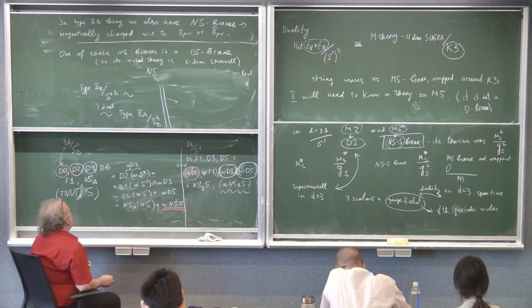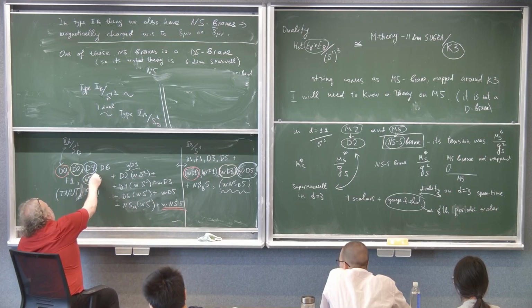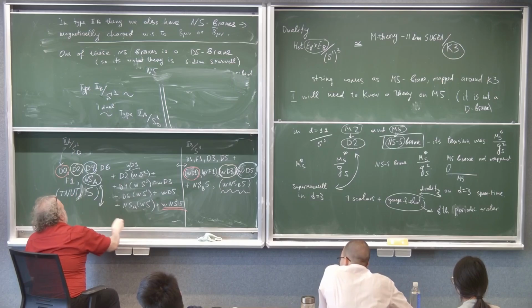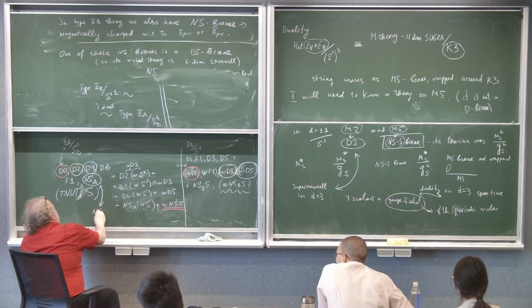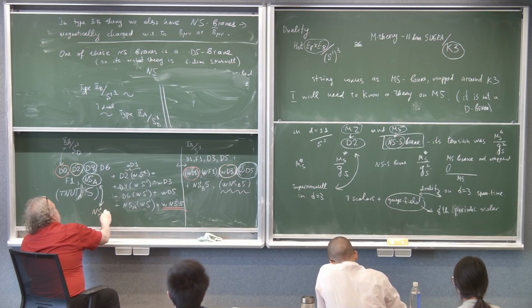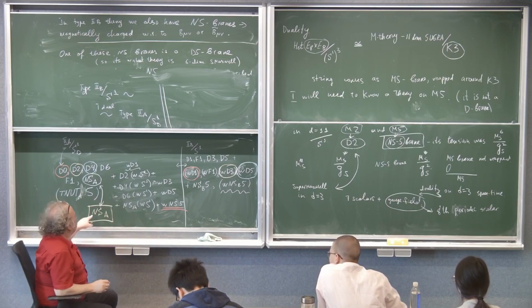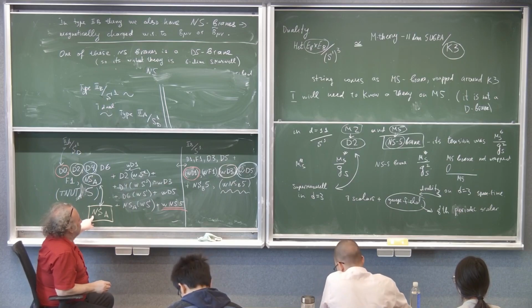And what about the NS5 brane itself? So the object of our main interest. NSA. So this is a 5-brane.